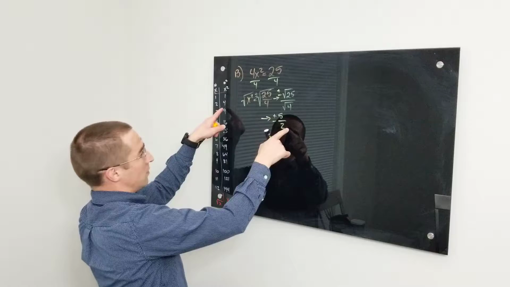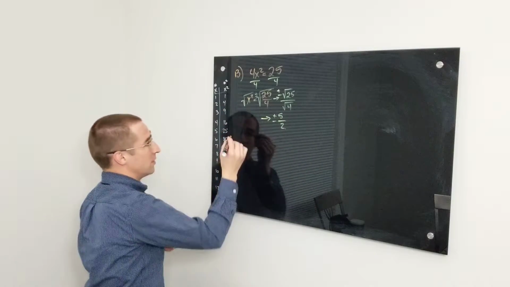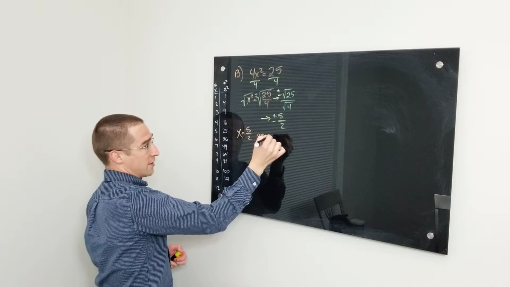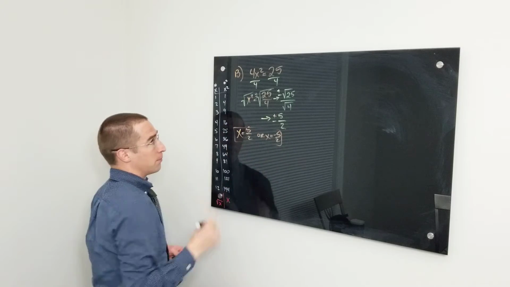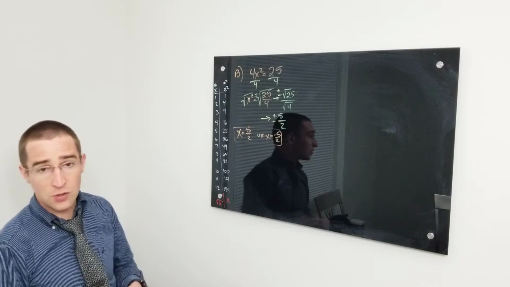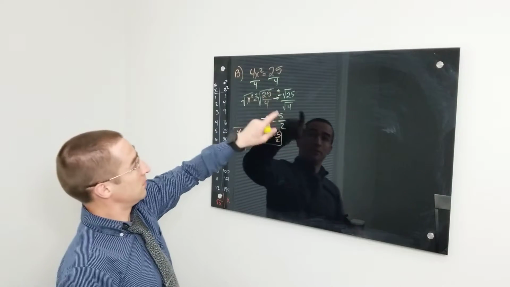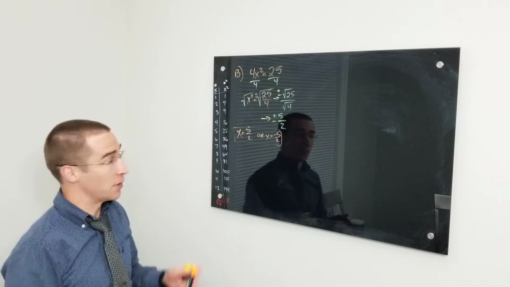The square root of 4 is 2. So our final answer is x equals 5 over 2, or x equals negative 5 over 2. Boom. Cool. So if you have a fraction in your answer, you just square root the top, square root the bottom, write out your answer as a fraction with plus minus, 2 answers.